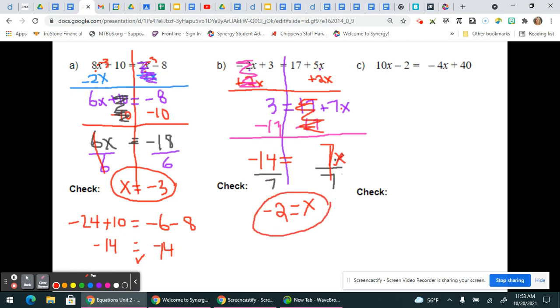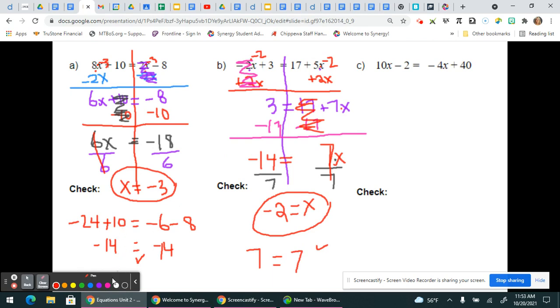And I can check to make sure that makes sense. Times negative 2 on the right, times negative 2 on the left. So 4 plus 3, that turns out to be a 7 over there on the left. 5 times negative 2 is negative 10. Negative 10 plus 17 is 7 on the right. We are good.